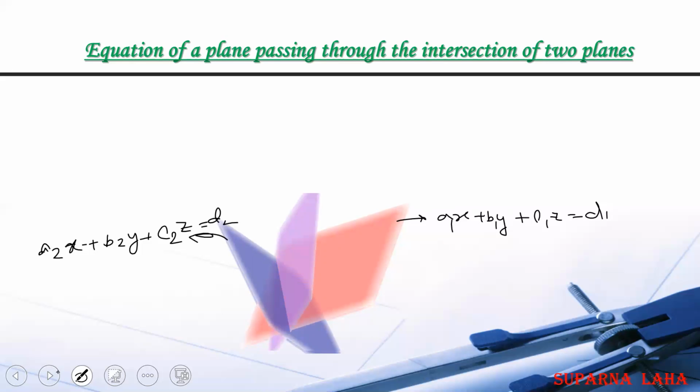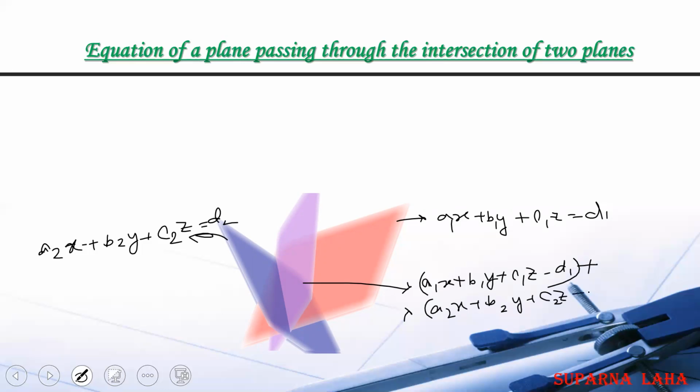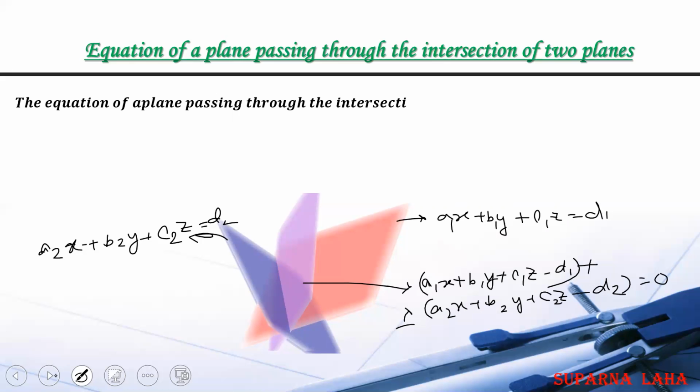So an arbitrary equation of the plane passing through their intersection is: first equation a1x plus b1y plus c1z minus d1, plus lambda into second equation a2x plus b2y plus c2z minus d2, equals 0, where lambda is any arbitrary constant that can be determined by the given conditions.